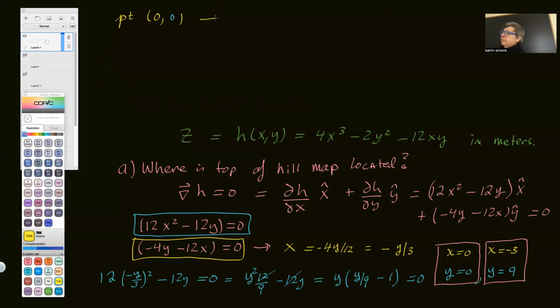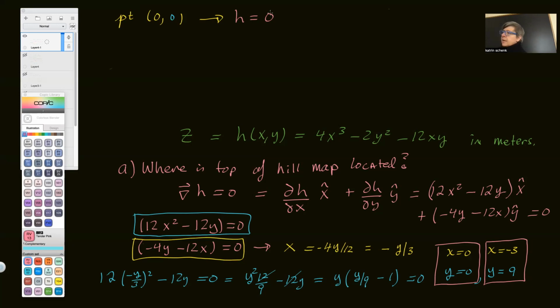H is 0. Most likely that's not the maximum, is my guess. That's probably the bottom of the hill or something. So the bottom is at 0, 0, 0. It's kind of weird, but okay.